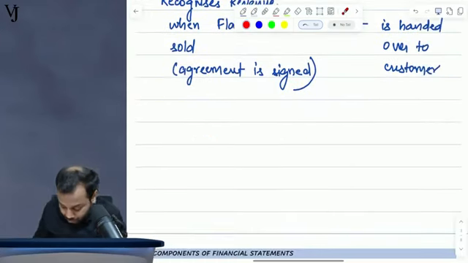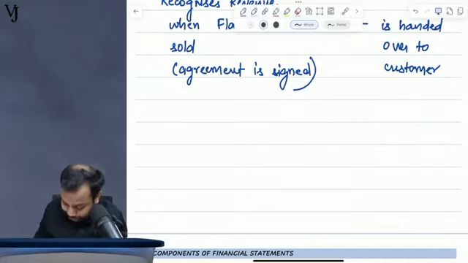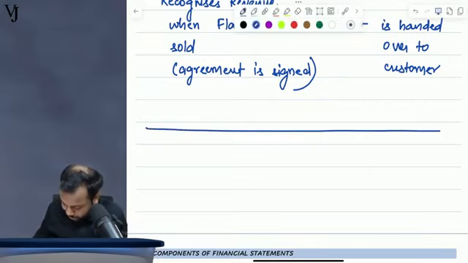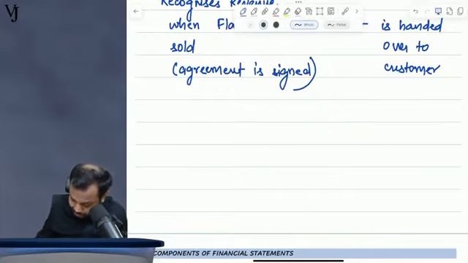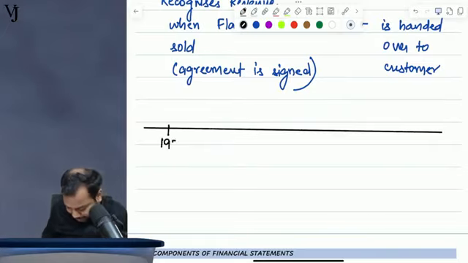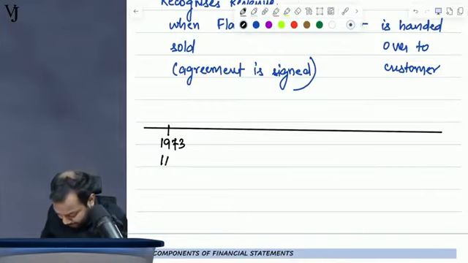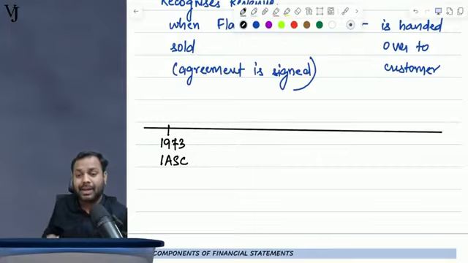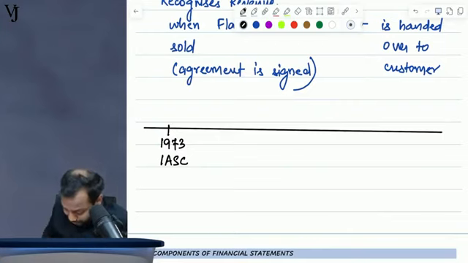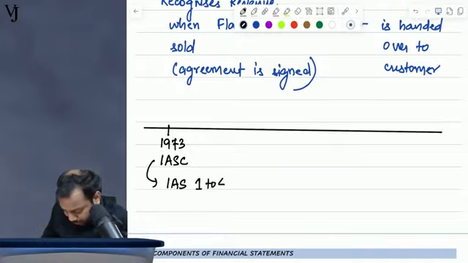Okay, now see here. In 1973, a committee was set up called IASC, the International Accounting Standards Committee, which set up IAS, International Accounting Standards, from numbers 1 to 41.